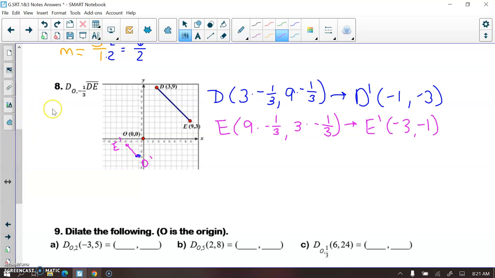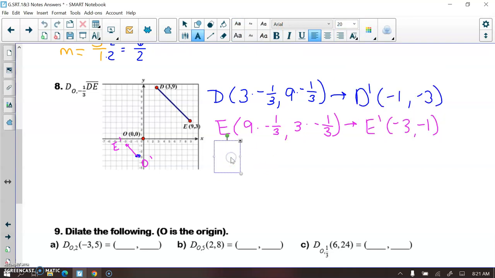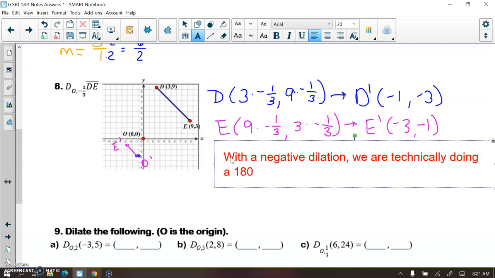Now, essentially what happens when we're doing a negative dilation is we actually first are doing a rotation of 180 degrees, and then doing the dilation after that.